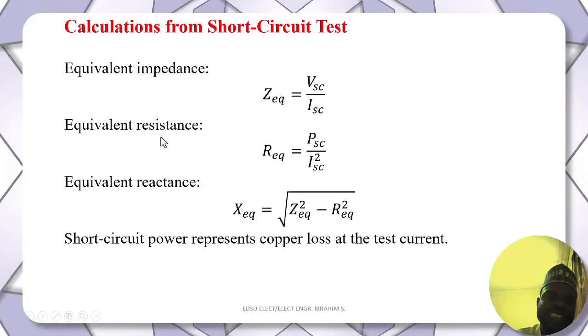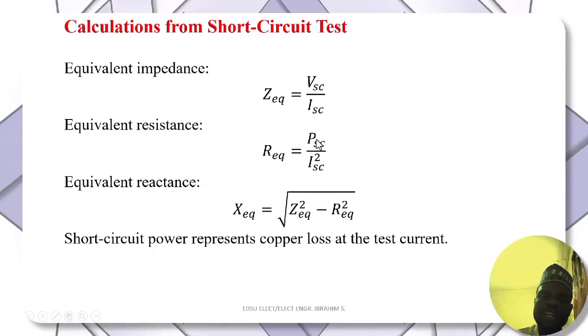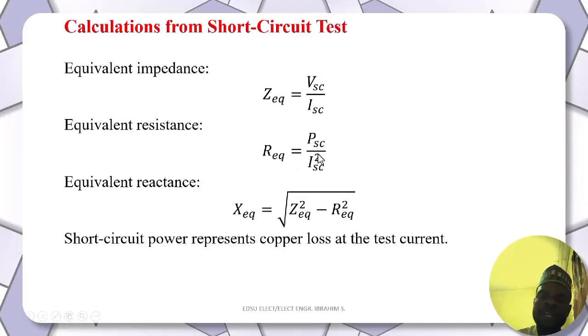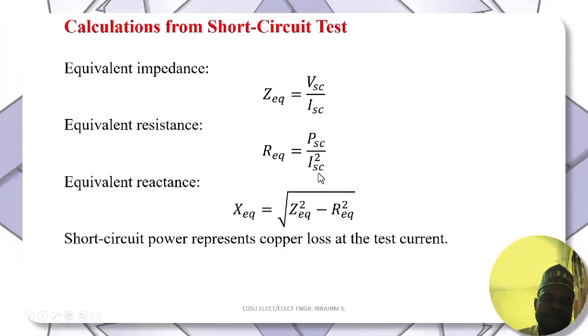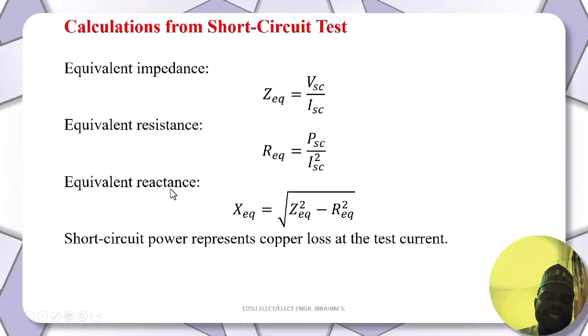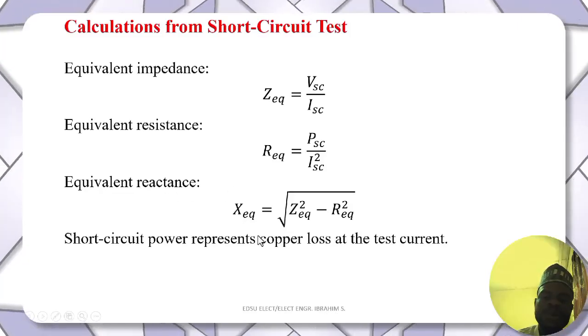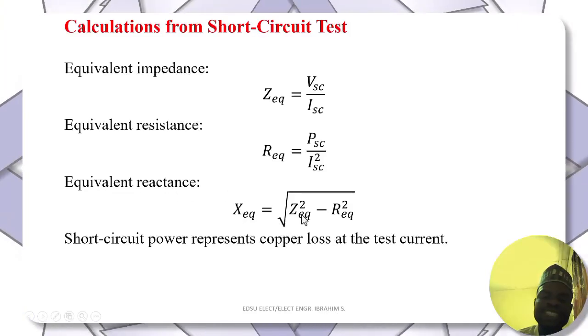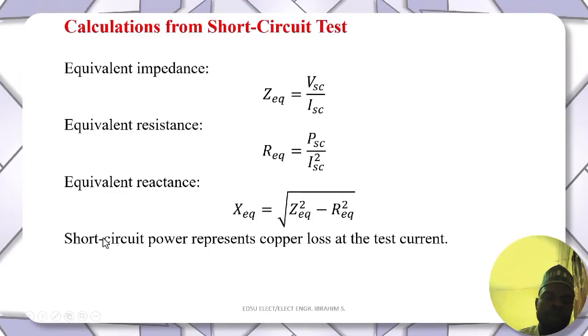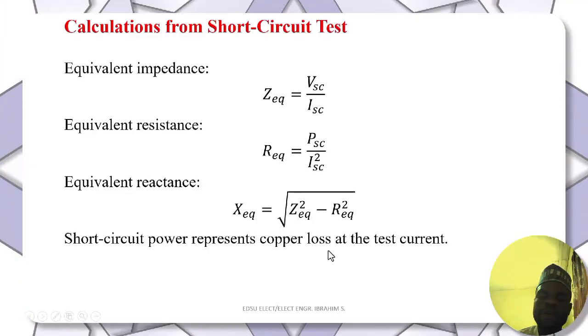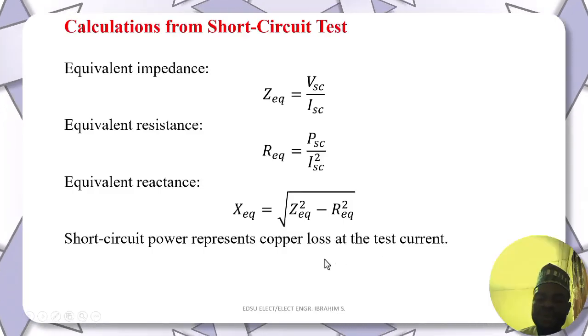Our equivalent resistance R equivalent is short circuit power divided by I squared short circuit current. The equivalent reactance X equivalent equals root of Z equivalent squared minus R equivalent squared. So short circuit power represents copper loss at the test current.